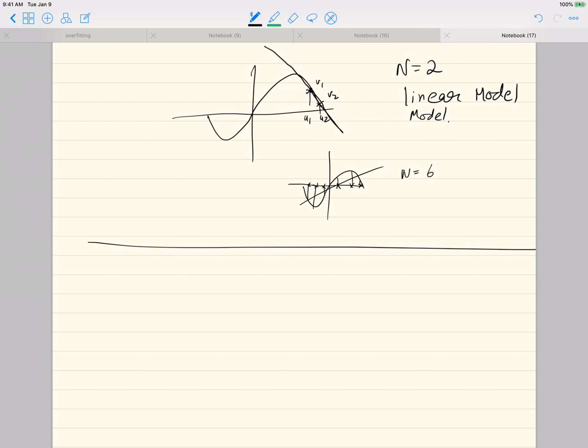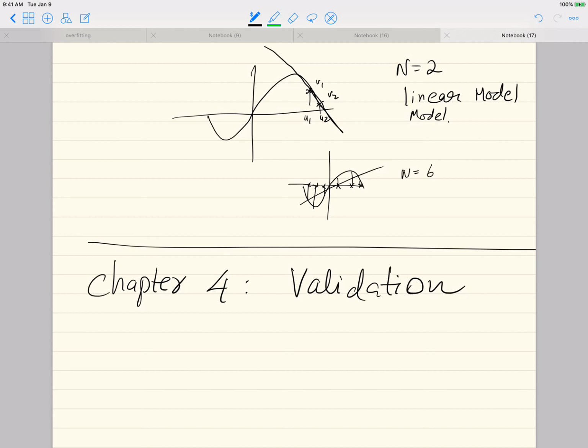Okay, so now we move on to chapter 4 of the text, which is validation. We move on to another topic where we are still interested in the same question. What model to select? Given a training set, should we select a simple model or a more complex model that minimizes the test error?